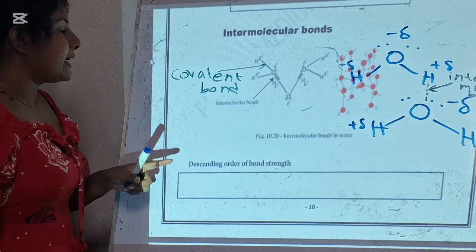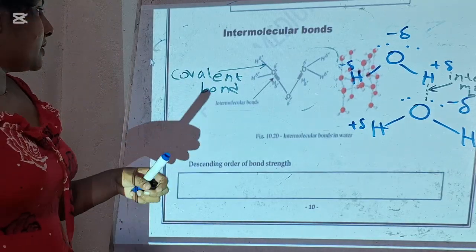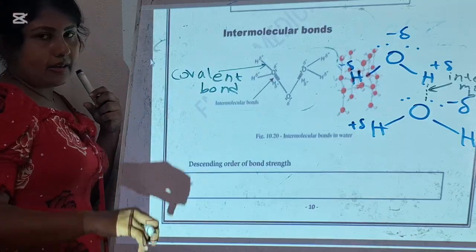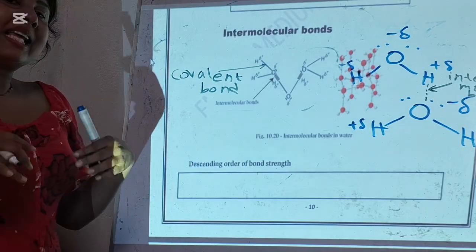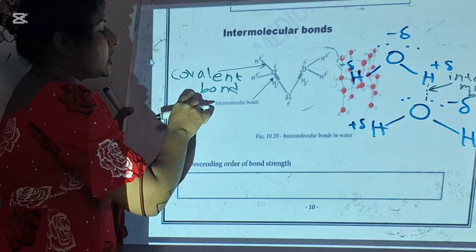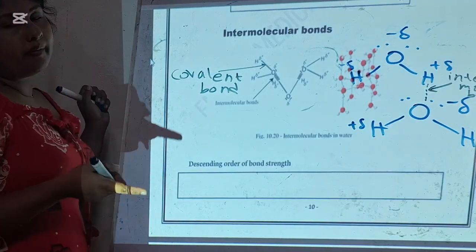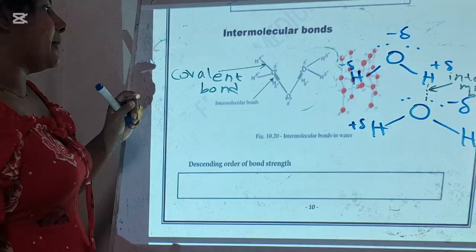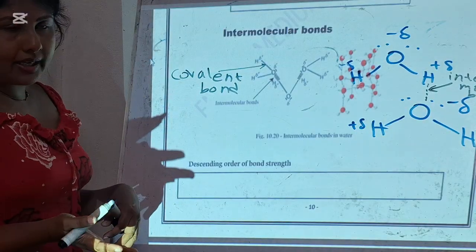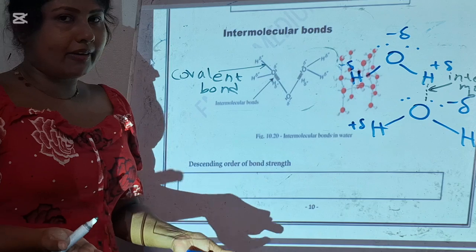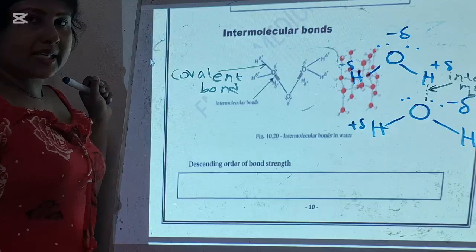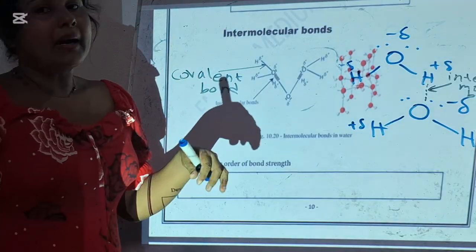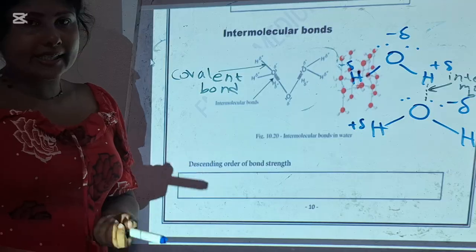If we take the strength of the bonds between the intermolecular bond and the covalent bond, which one has the highest strength? Actually, that is the covalent bond. The covalent bond has higher strength. Now we have liquid water. Normally liquid water contains intermolecular bonds between the molecules. But when we heat the water, now we heat the water.